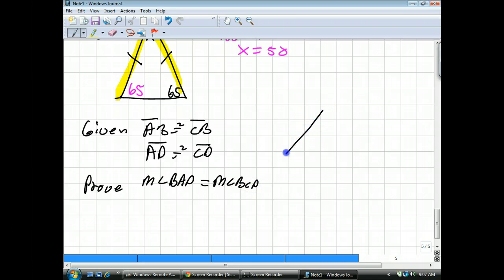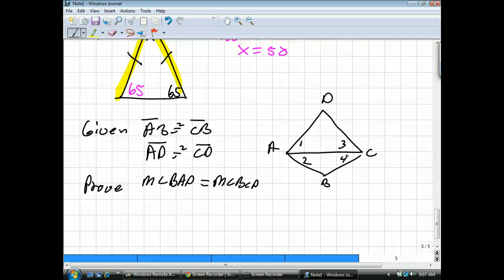And here's our picture. We have kind of a diamond idea here, where this is A, B, C, D. And this is angle 1, 2, 3, 4.